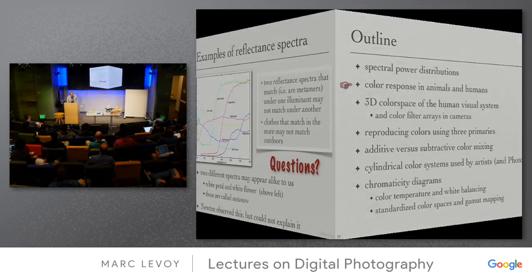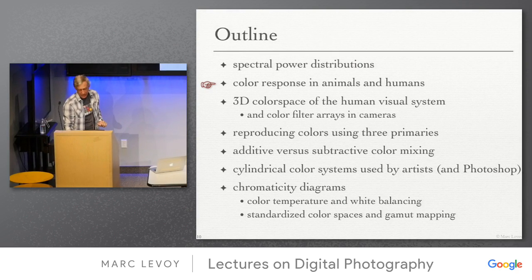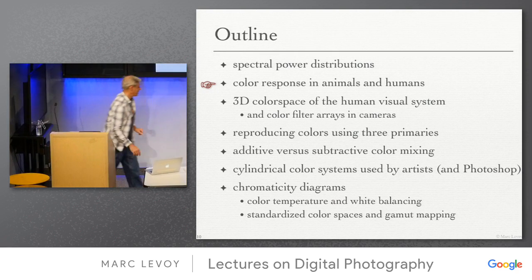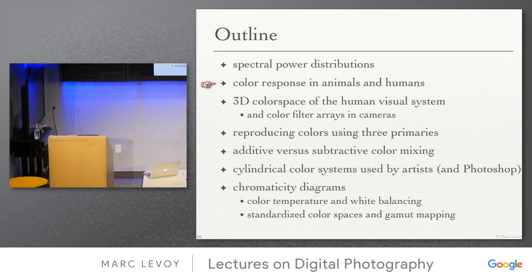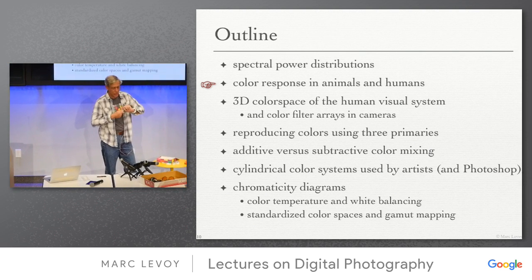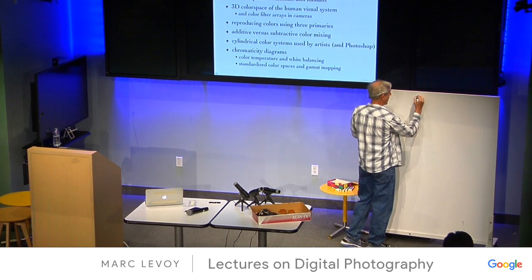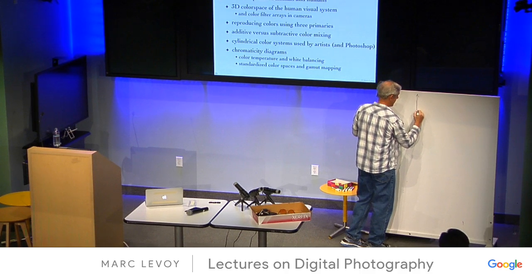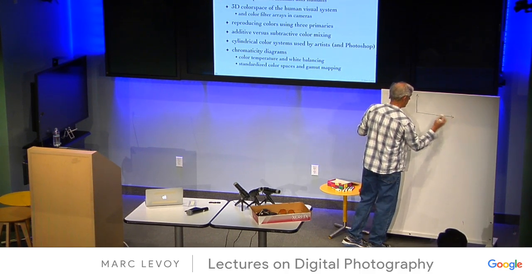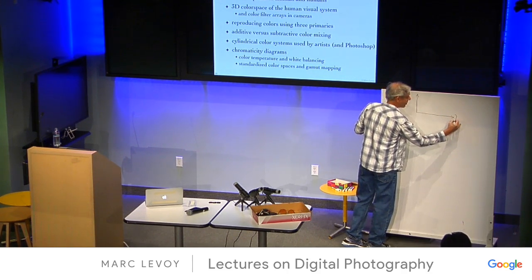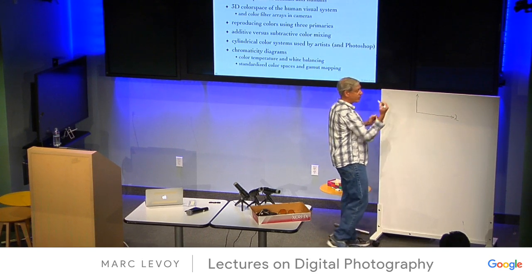Okay, so let's talk about the color response in animals and humans. All right, so let's talk first about a horseshoe crab. So here's wavelength, and here is response.